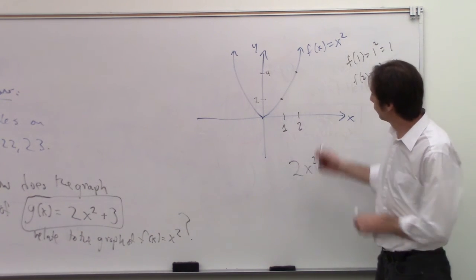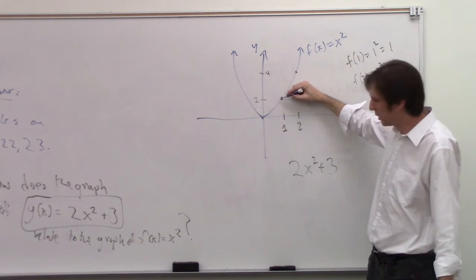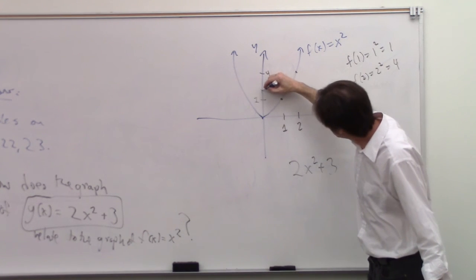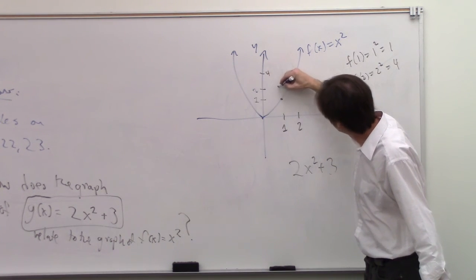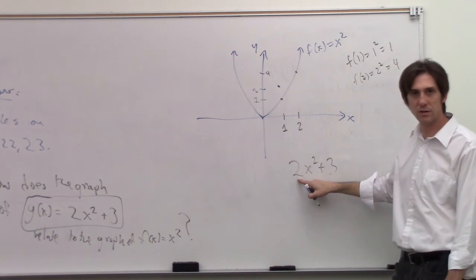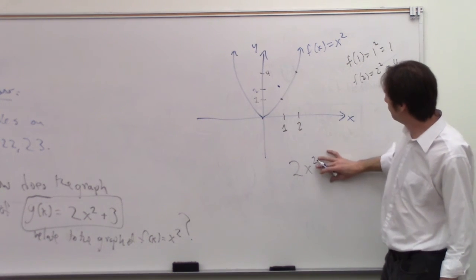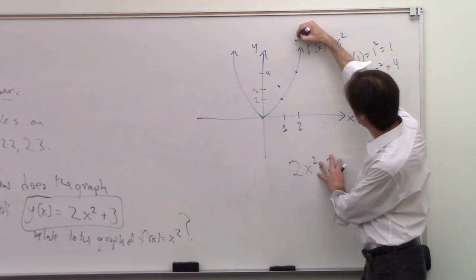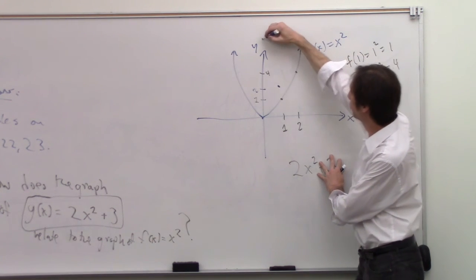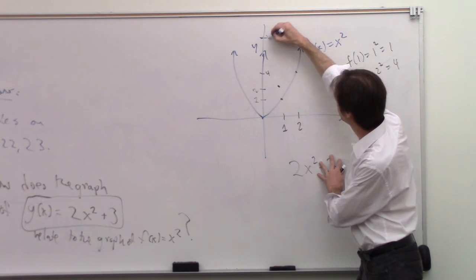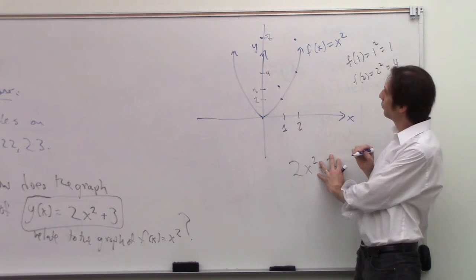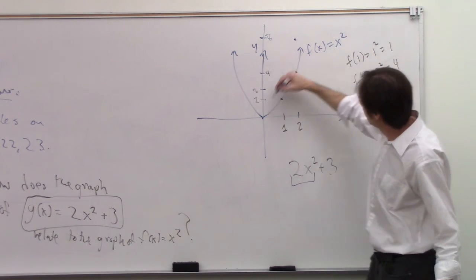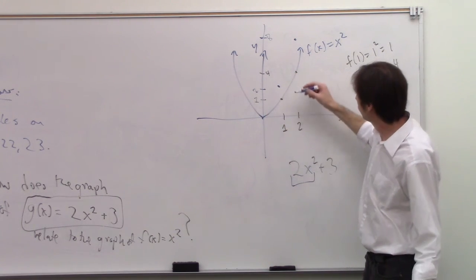So in other words, my first output that I plotted was 1, but now instead of being 1, that's going to be at a height of 2, because I multiplied it by 2. Instead of getting 4 for my second output, I'm going to be at a height of 8, up here at a height of 8. So 2x squared does this to all the points.